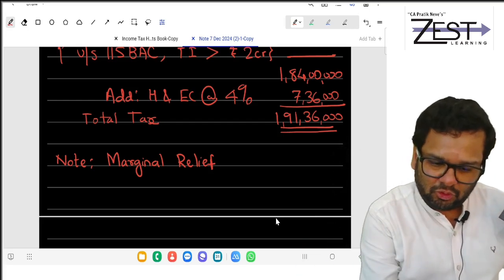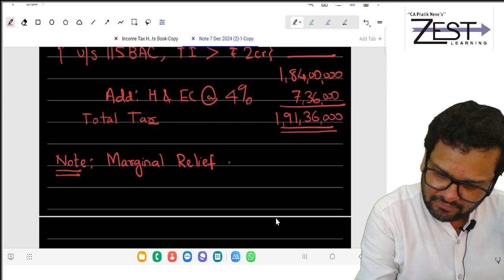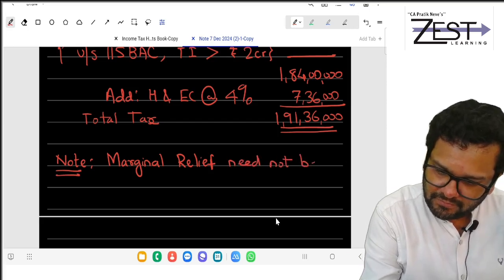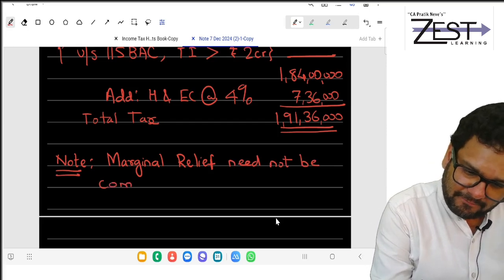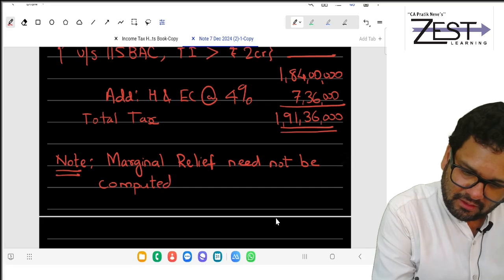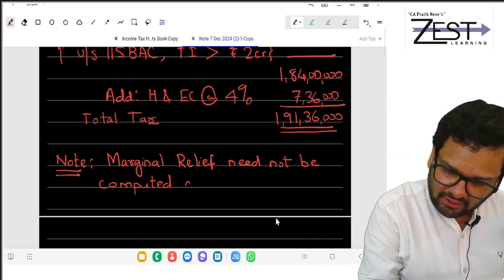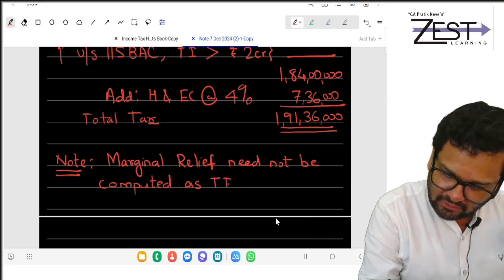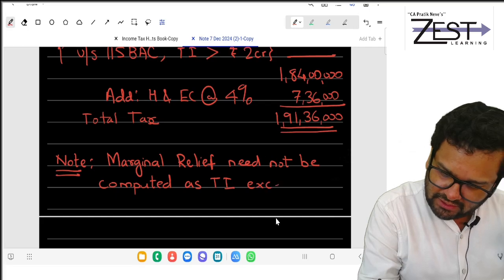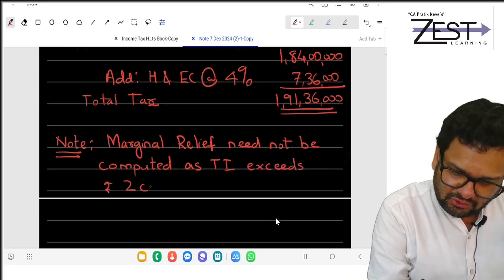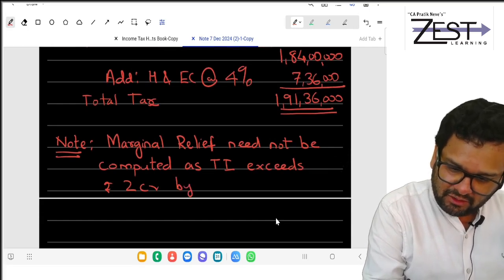So always the conclusion in such cases will be that A will be lower. So note: marginal relief need not be computed. Why? Marginal relief need not be computed as total income exceeds rupees 2 crore by a huge amount.